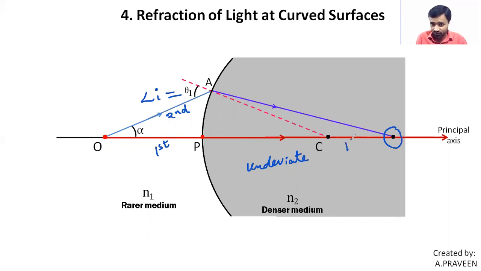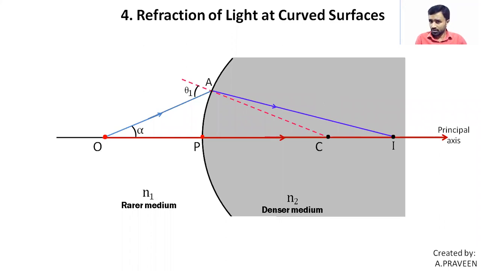So this is the first refracted ray, this is the second refracted ray. They coincide here at this point. So this point will give you the image of point O. So the image of object O will be obtained at this point, right? Now we will take this point as I. So I is the point of image for the point O after refraction.